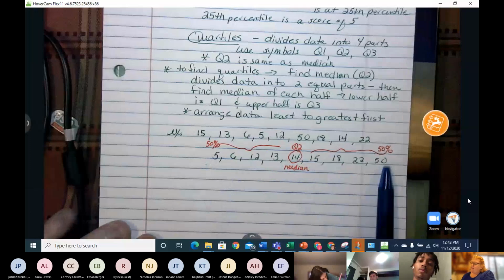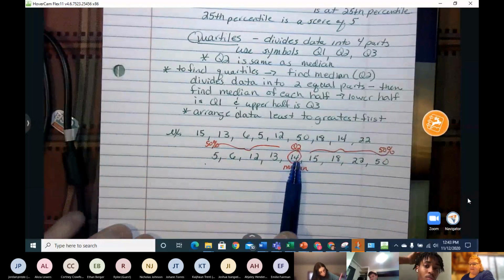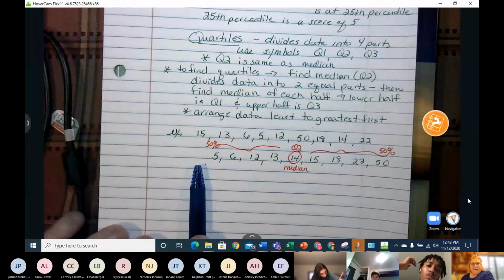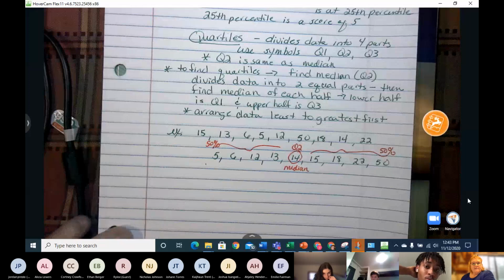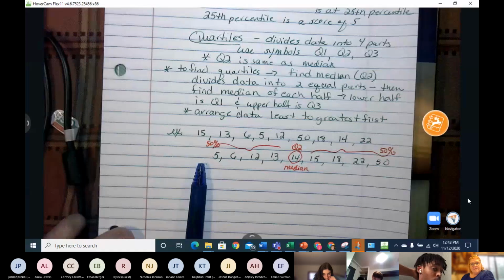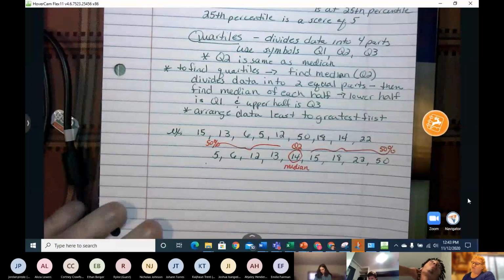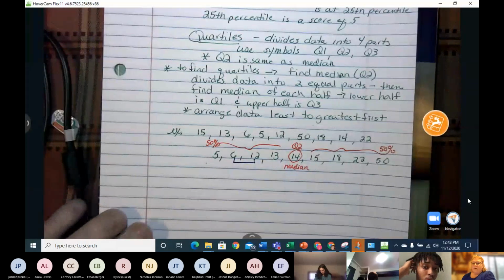Next, we're going to take each half. Now, since this is the median, we're not going to use that value. So we're going to look at the lower half. Find the median for the lower half of the data. Well, that's an even set of numbers. So when I have an even set of numbers, I have to find the 2 in the middle, which is 6 and 12.